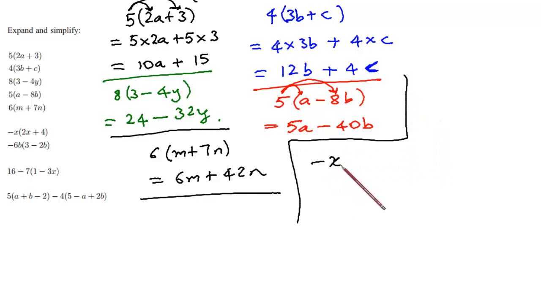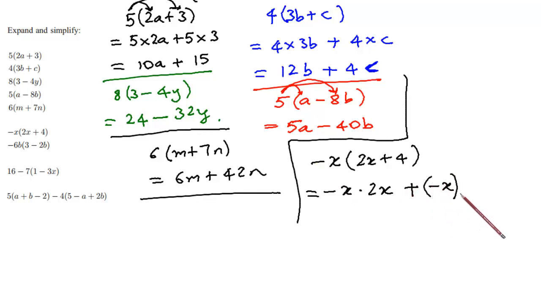So negative x multiplied by 2x plus 4. Now remember, I'll just do the second step now. First we have this negative x multiplied by 2x. Remember, this dot also means multiplication, plus the negative x. So since we need to write negative x immediately after the plus sign, we put it in brackets, multiplied by 4. So remember, this is the first term, this is the second term.